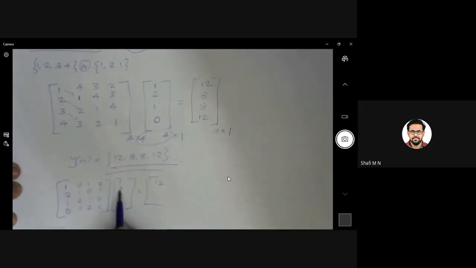Next 2 into 1, 2 plus 0 plus 4, 8. 1 into 1, 1 plus 4, 5 plus 3, 8 plus 0, 8. 0 into 1, 0 plus 1 into 2, 2 plus 2 into 3, 6, 6 plus 2, 8 plus 4, 12. Same answer.